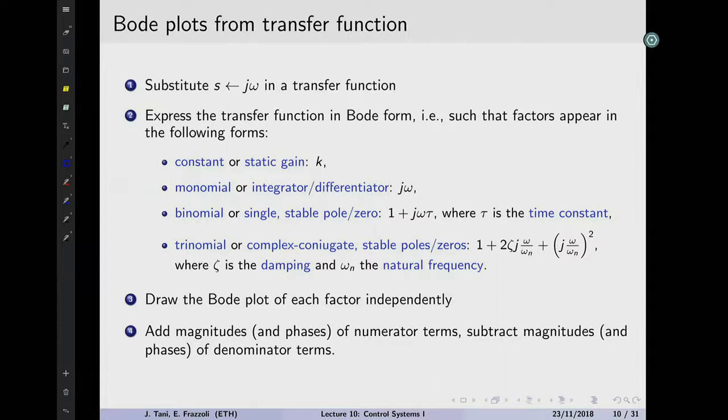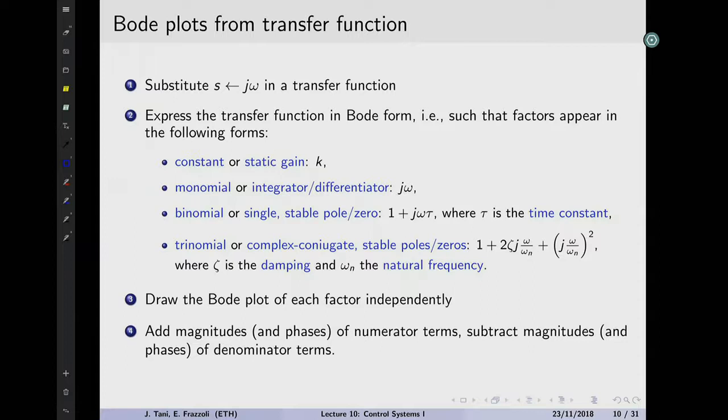And by breaking down any transfer function, as complex as one wants, reconducing it to its factors, we'll see that basically there are 4 kinds of terms that we will have to deal with. And thanks to the use of decibels and the properties of complex numbers, as we said a few slides ago, even the most complex transfer function gets reconduced to the sum of its terms.